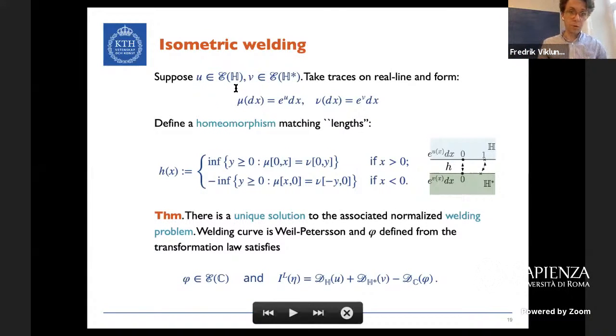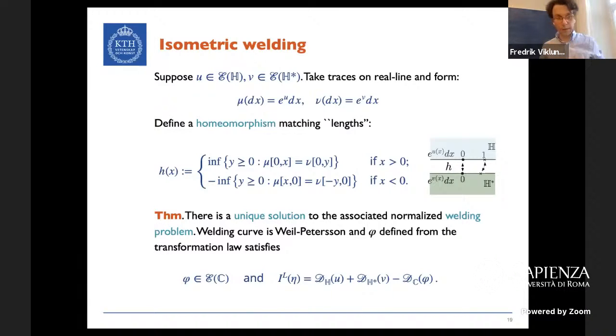So starting with U in the Dirichlet class for H and V in the Dirichlet class in the lower half plane, one can take traces on the real line and weight one-dimensional Lebesgue measure by e to these traces, and this defines also a nice measure. Then we think about these as measuring lengths along the real line, and we define a homeomorphism that matches these lengths as you measure from above and below.